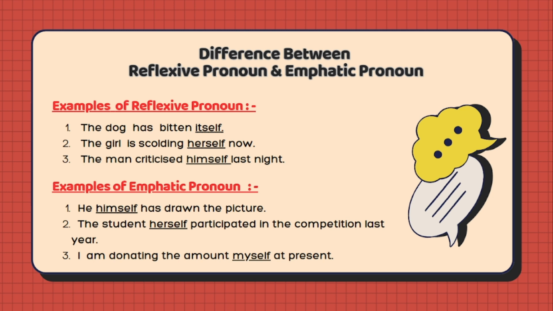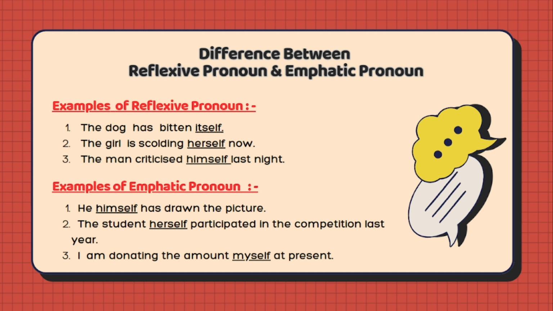Let us see the examples. First one. He himself has drawn the picture. In this sentence, he is the subject, has is the helping verb, drawn is the main verb 3. The sentence is in present perfect, active voice. The picture, object.